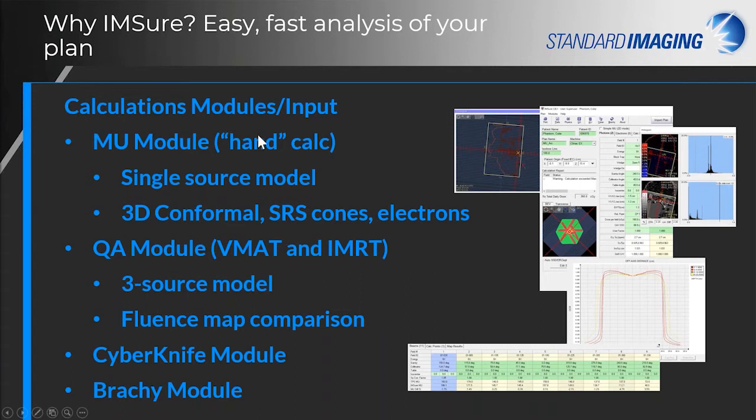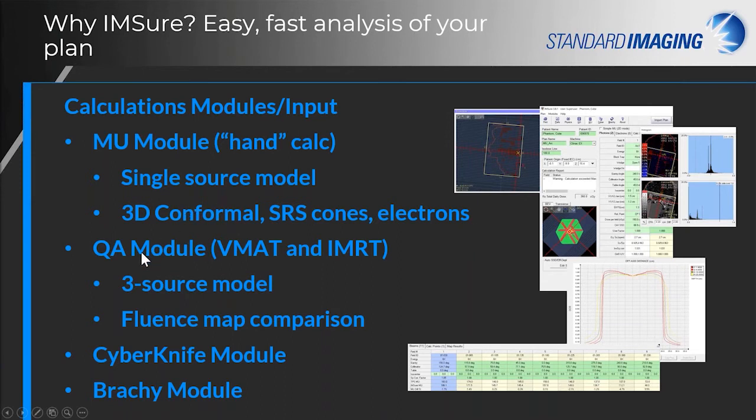Each of the calculation modules requires as input an RT plan, or for the CyberKnife module, an XML file. The MU module is a hand calc based on a single source model, and is good for a second check of 3D conformal, SRS cone, or electron plans.